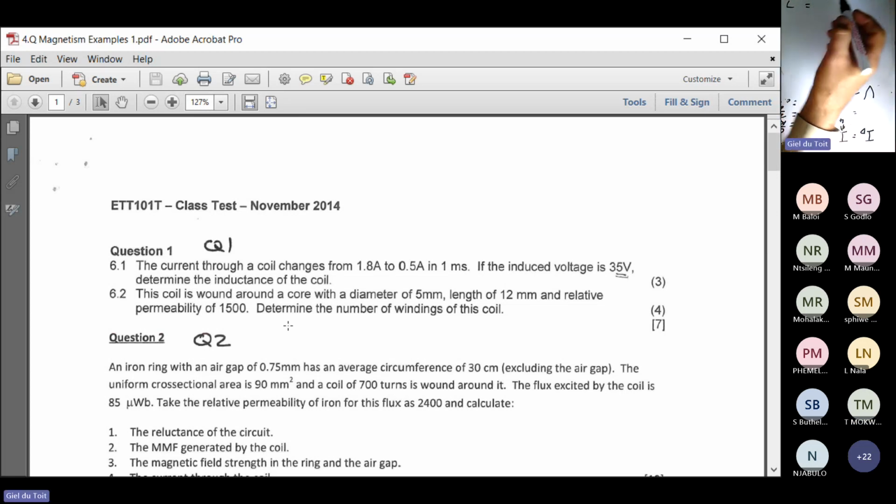Inductance is mu naught, mu r, times the area. Remember the area in square meters, times N. I think it was N squared, divided by the length. So use your formula and then calculate for us. What is it?